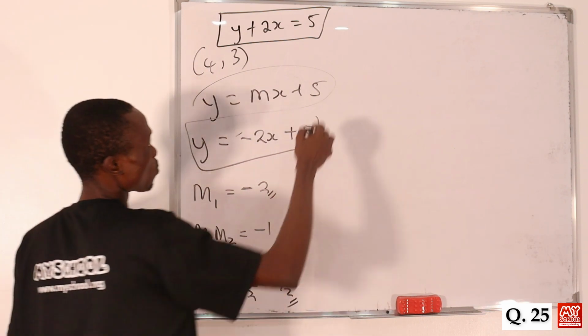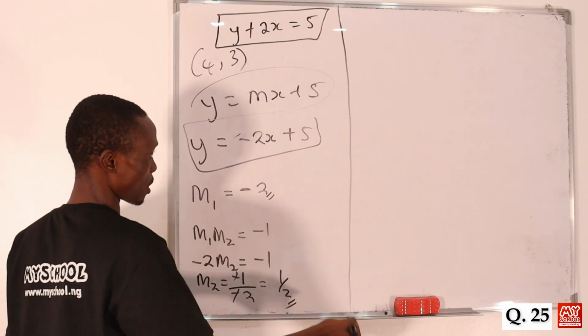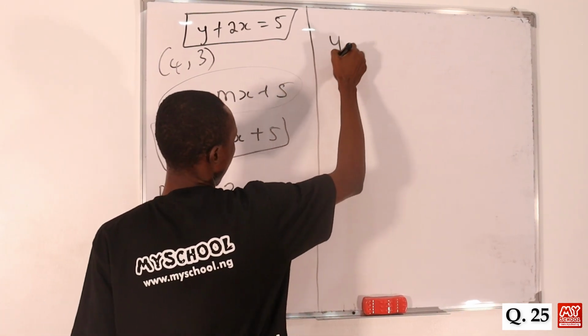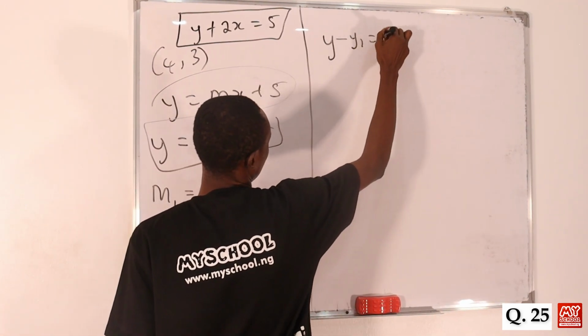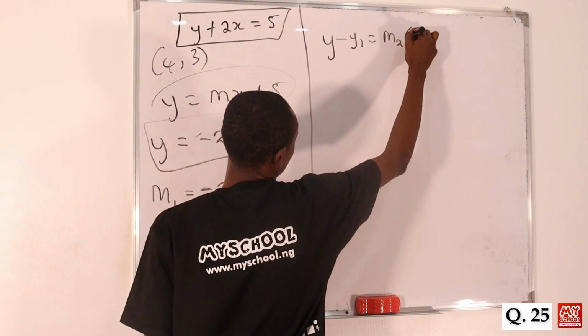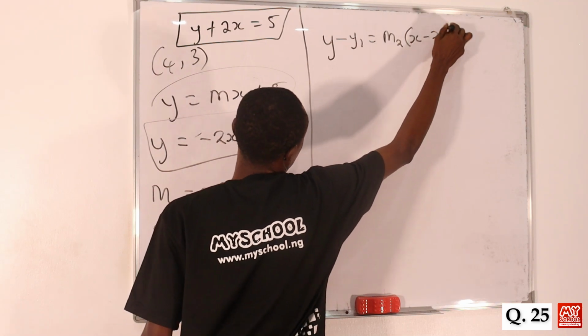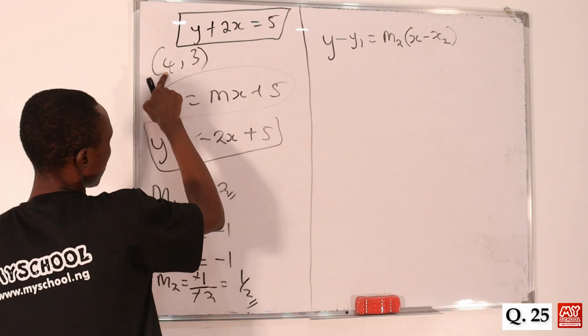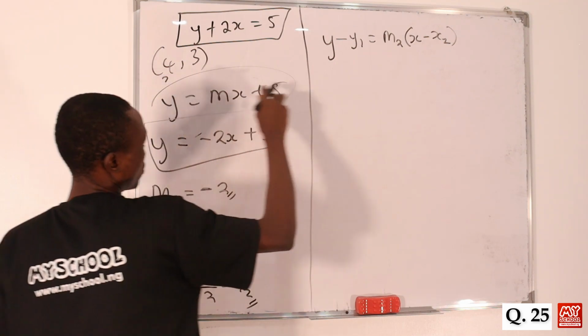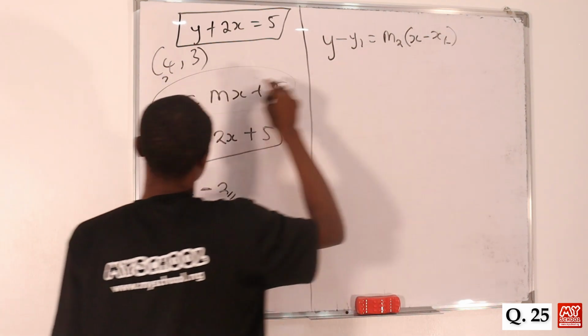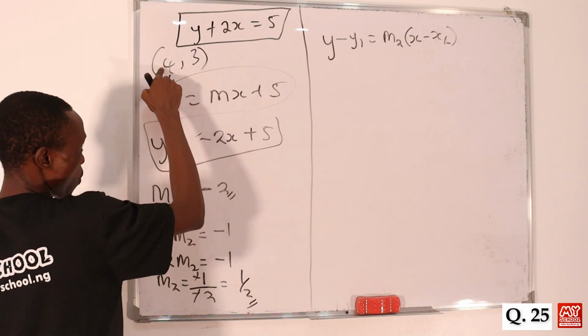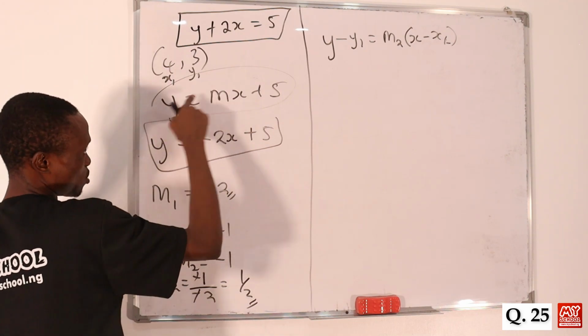Okay, so now we want to generate the line. So we use y minus y1 is equal to m2 brackets x minus x1. Here our x1 is 4 while our y1 is 3. So we just substitute.